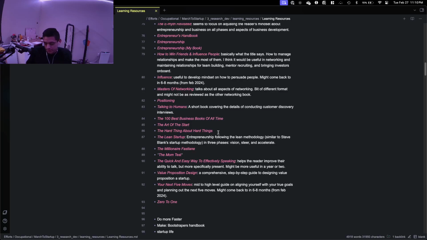But it is a little bit more low level, more specific in comparison to The Lean Startup. So I would almost consider it maybe like a medium between the $1 Million Weekend and The Lean Startup.